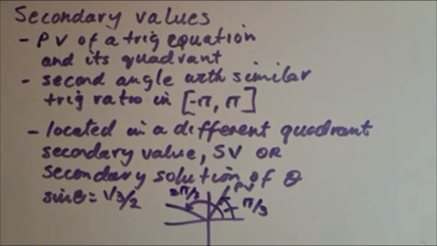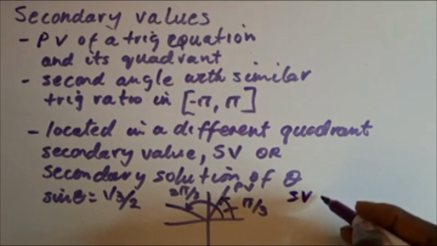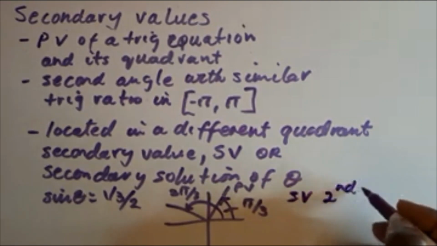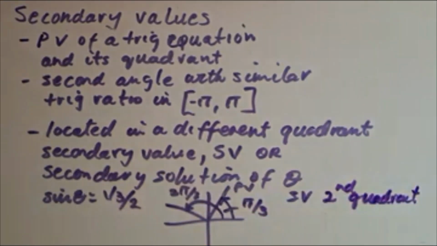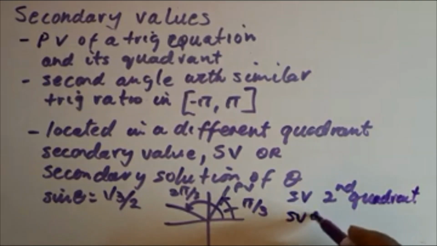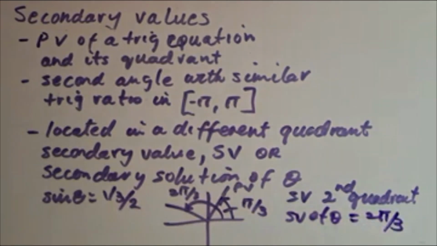So our secondary value is in the second quadrant, and the SV of theta is equal to 2 pi over 3.